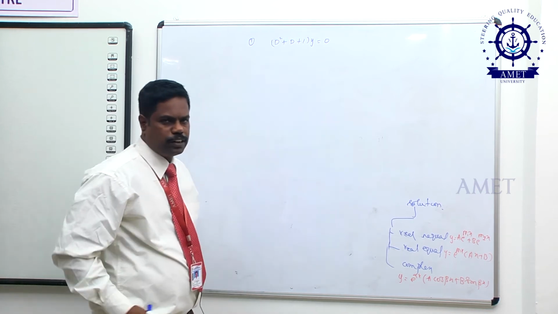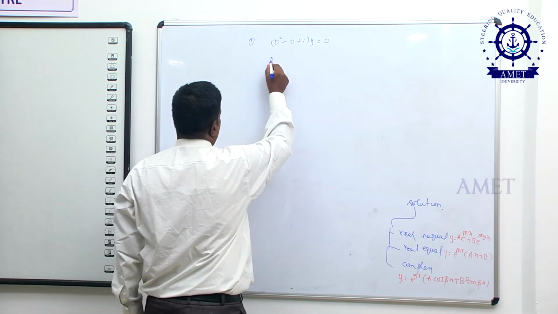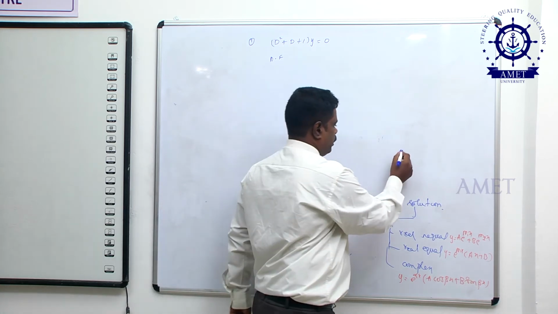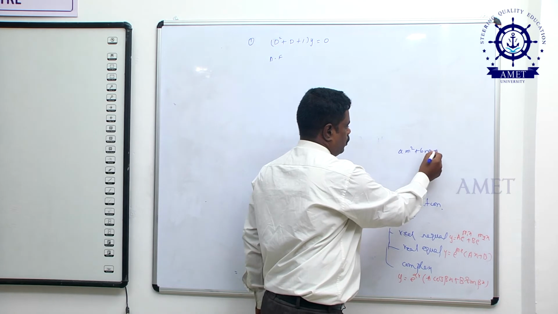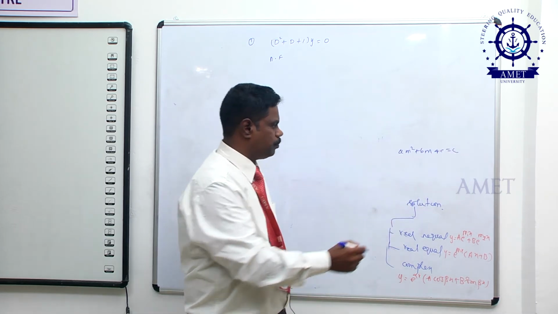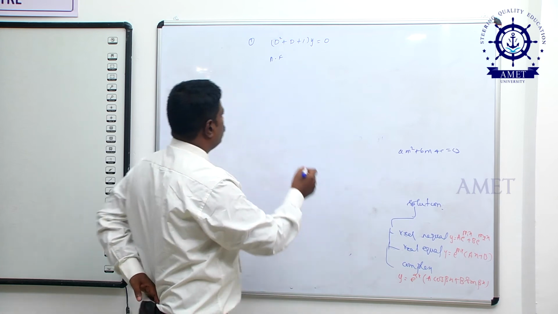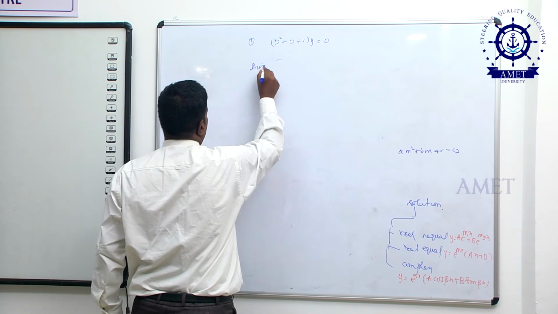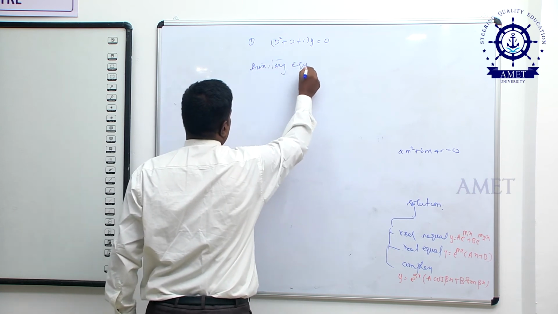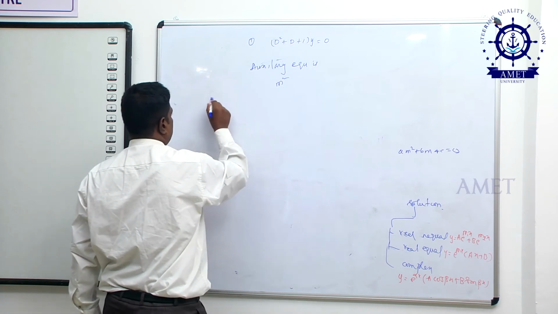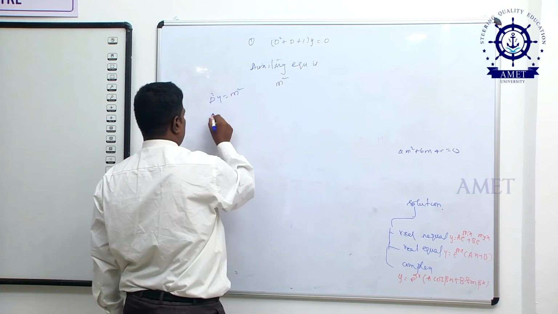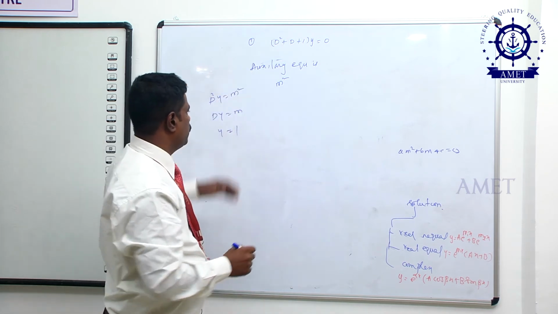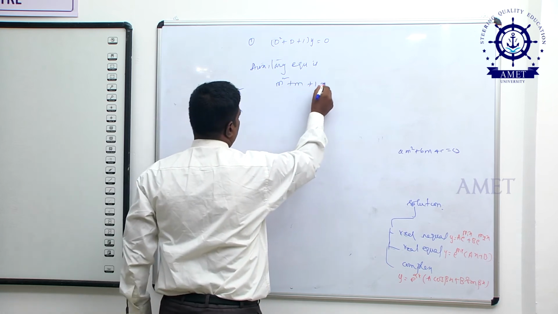Now, while solving these equations, we need the auxiliary equation, which we proved earlier as a m squared plus b m plus c equal to 0. So instead of d squared, the auxiliary equation is m squared plus m plus 1 equal to 0.